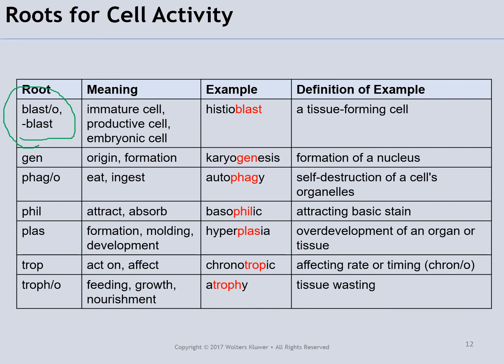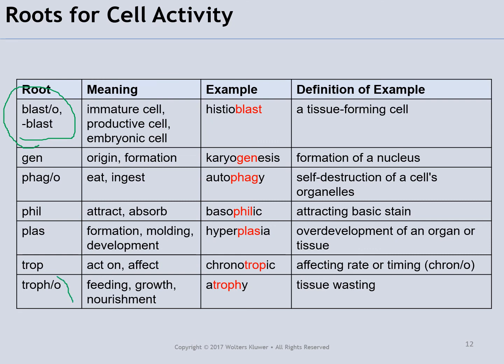A blast is an immature cell. I always tell my students B for blast and B for baby cell. If you have a histioblast, that's a brand new little cell that's making tissue. If you have, say, a leukoblast, that is an immature white blood cell. So definitely know that one for the test.